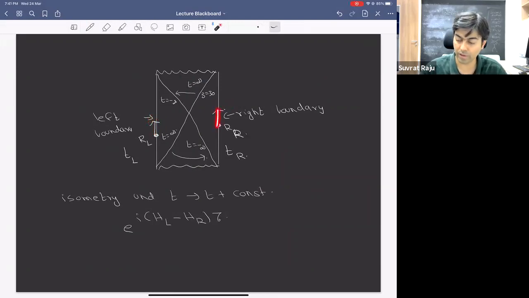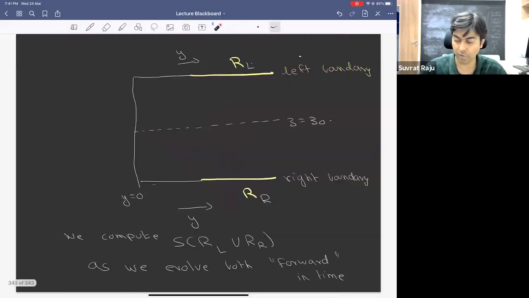The isometry is where this one goes up and this one goes down. And indeed, in this setup, if you think of time as now coming out of the board, and R_L is going up in time and R_R is going down in time, there would be no time dependence. But if you think of both R_L and R_R as going up in time, we will see interesting time dependence. Okay, and that is the situation where islands will be important.